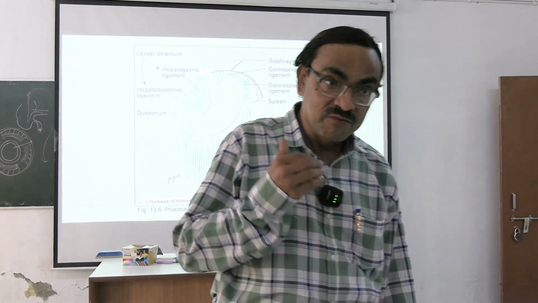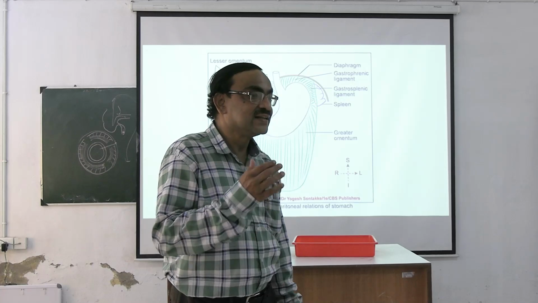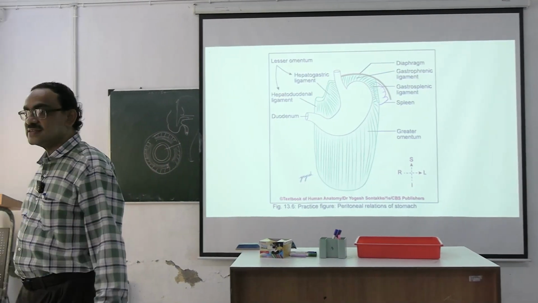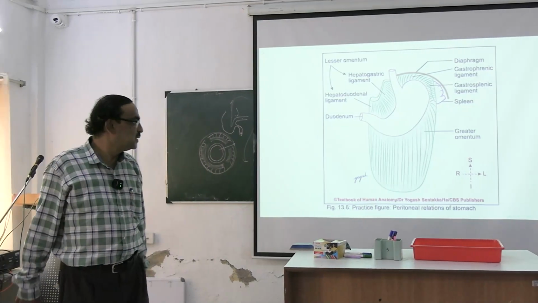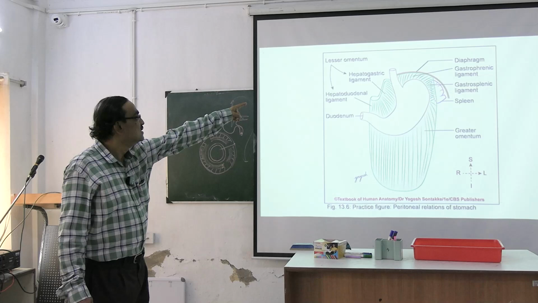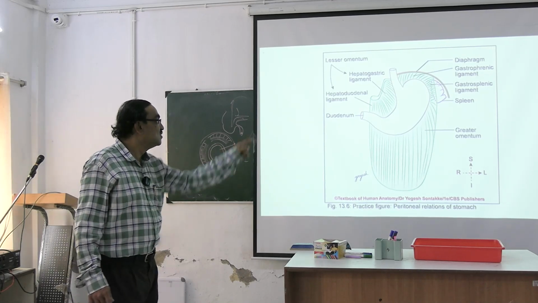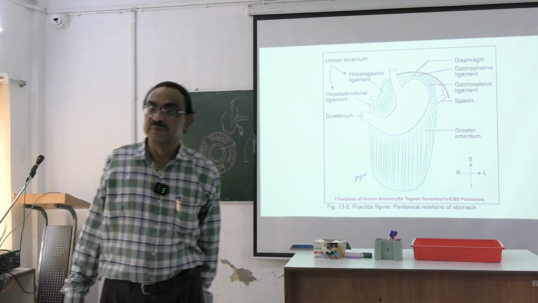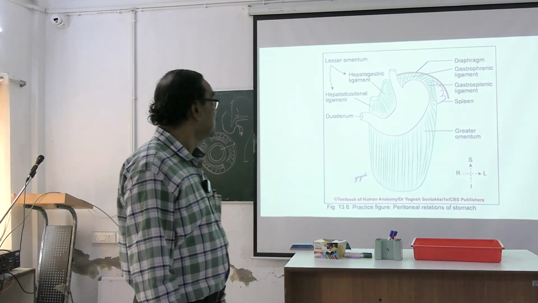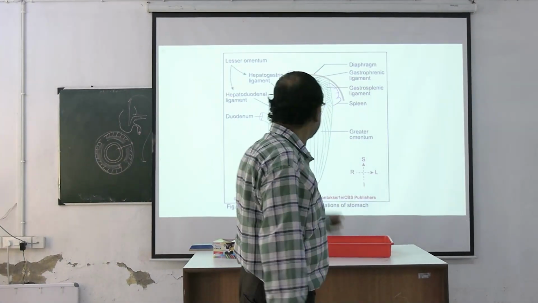So those are the gastrophrenic and gastrosplenic ligaments. Unless we cut these 2 ligaments, they are basically peritoneal ligaments. One is the gastrophrenic and another is the gastrosplenic ligament.